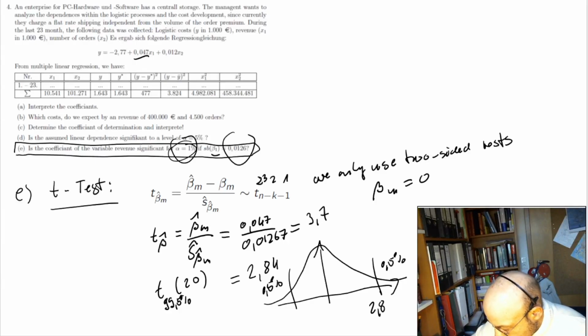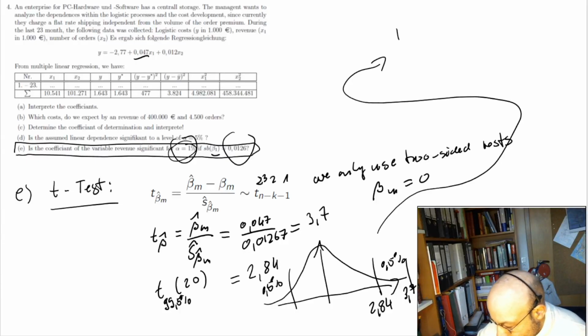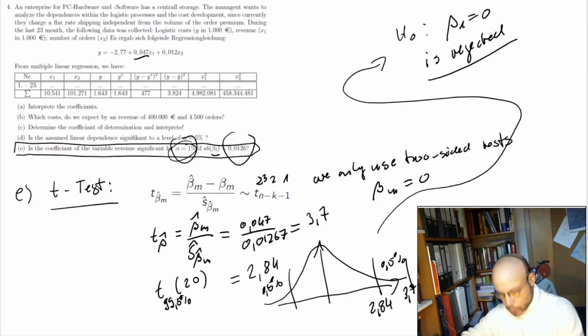This is the critical value with 2.84, but we are at 3.7. So H0, the null hypothesis beta 1 equals 0, is rejected.